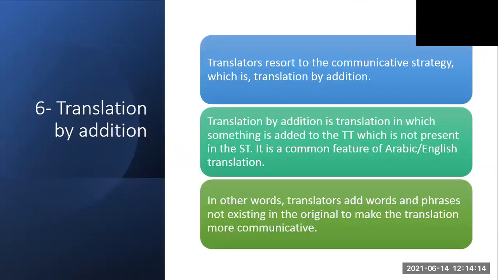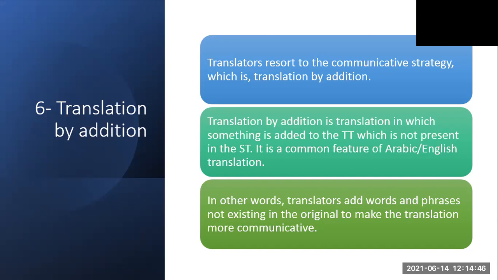Now, the opposite of omission is addition, إضافة. طب إزاي؟ ده أنت لسه قايلة لنا do not invent, do not write a new text. So let's see what's the meaning of that. Remember, we need to have a communicative strategy. I need the target reader to understand the text I'm translating.